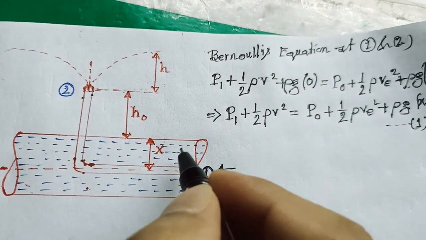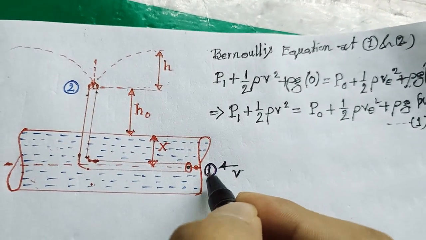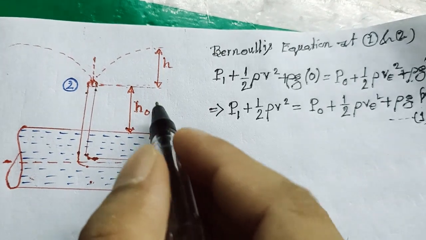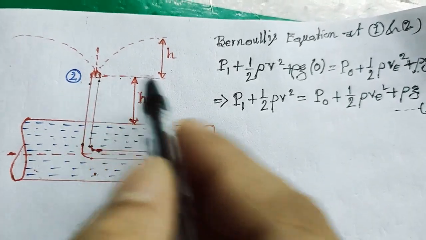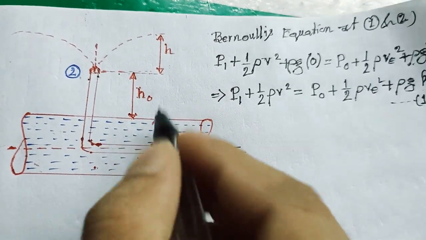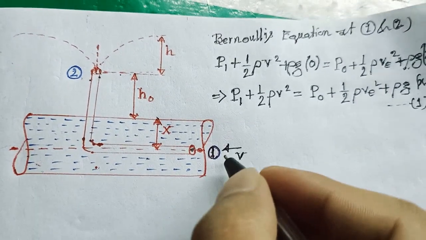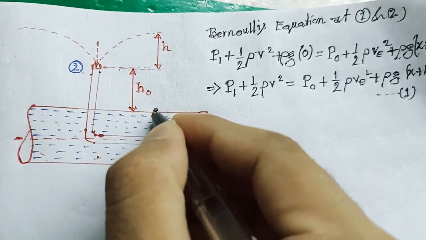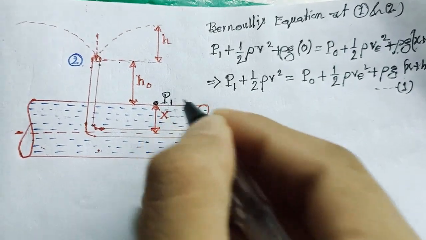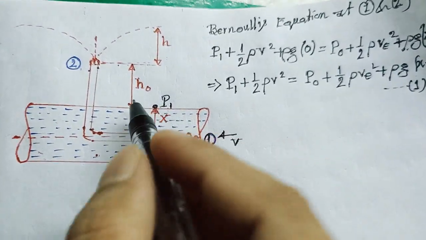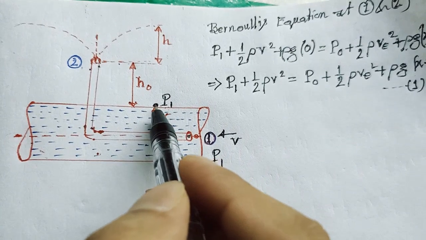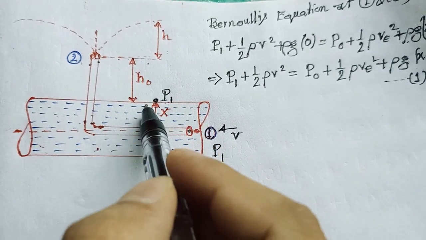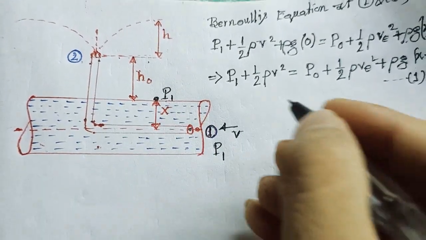And as the distance between point 2 and this surface is equal to h naught, if the pressure at this point is P1, then at this point pressure will also be P1, and this point is at a distance h naught from the point 2.